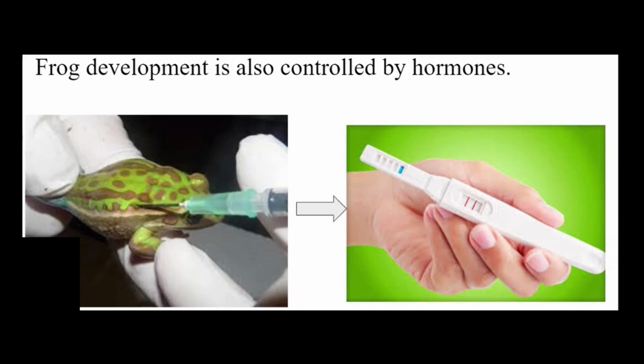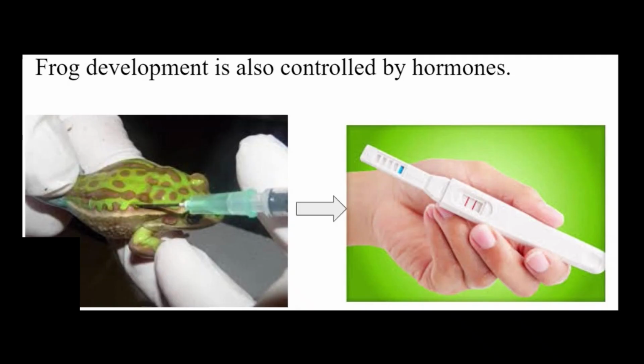Why? Because we have similar hormones. This will not cause the death of the frogs. It will just make them produce a lot of eggs. This was in the 50s, 60s. That was the way pregnancy tests were done. This was used for female frogs, then it was found that males can also be used.